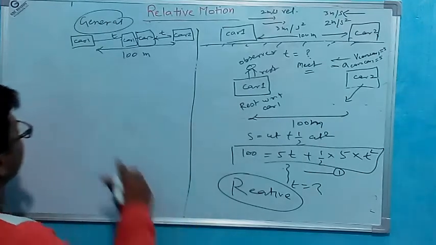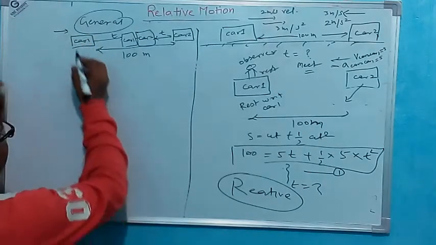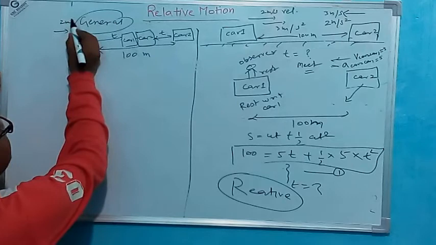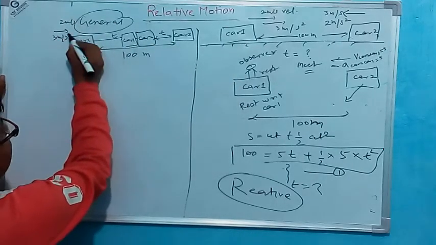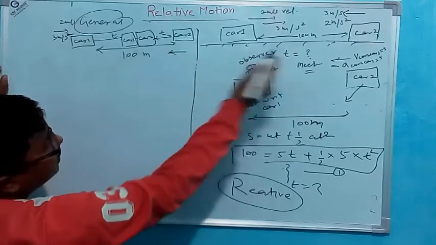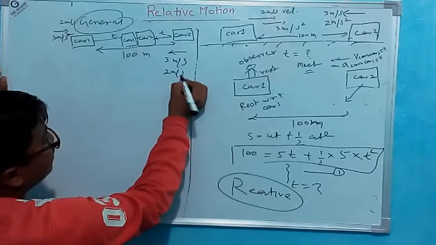Then we can see here car 1 speed is 2 meter per second and acceleration is 3 meter per second square, and car 2 has 3 meter per second and 2 meter per second square.